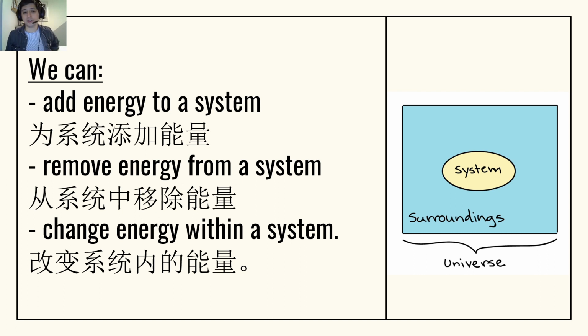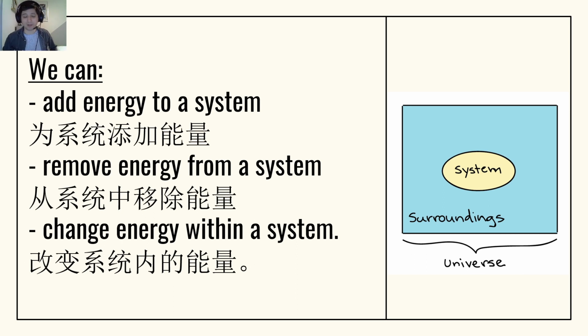Additionally, when you remove energy from a system, you can remove that pot from the stove, put it onto the counter, onto a table, and slowly it will lose heat. It will lose energy, transferring that heat through the pot into the table and into the surrounding air, etc. You remove heat from the system.